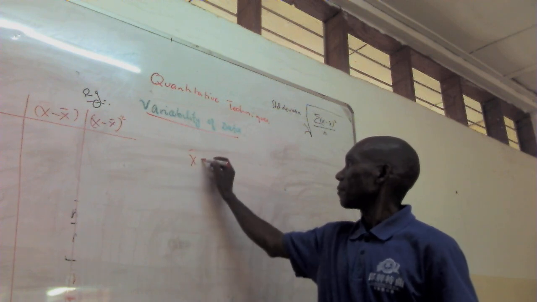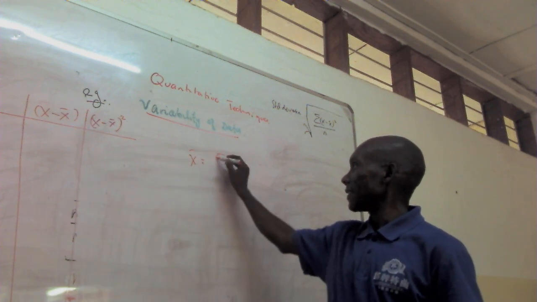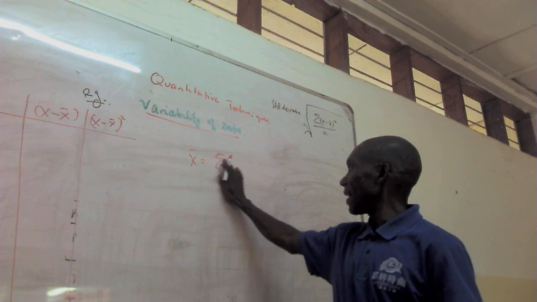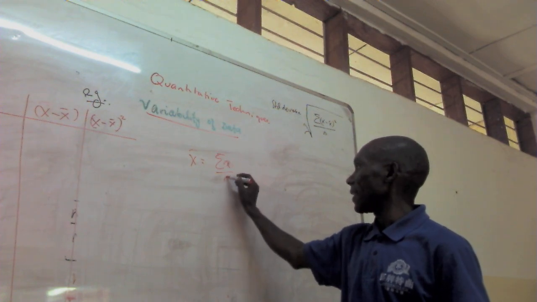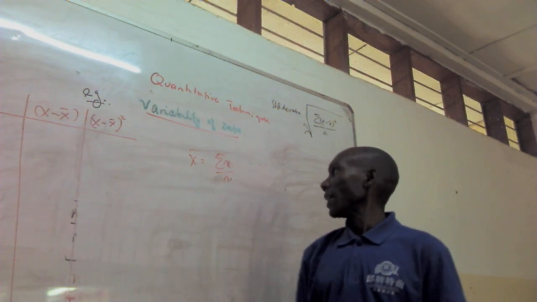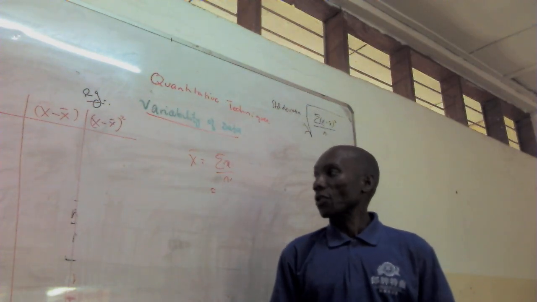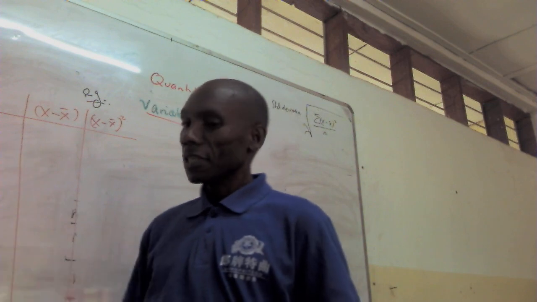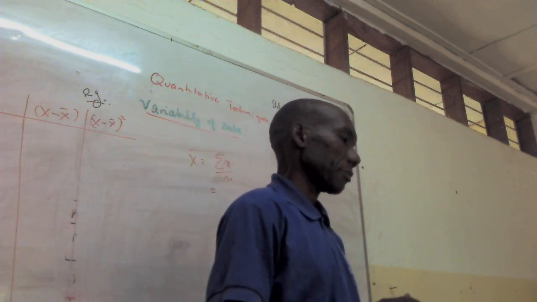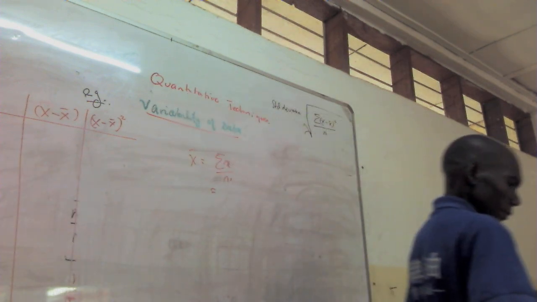Add the numbers, all the x's, divided by n. What's the mean?